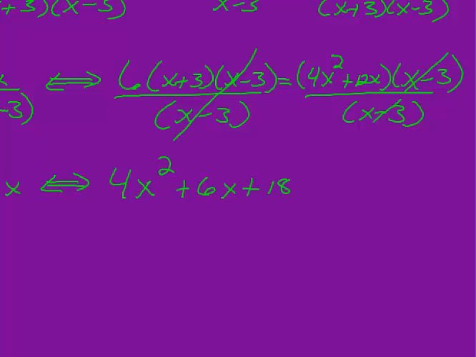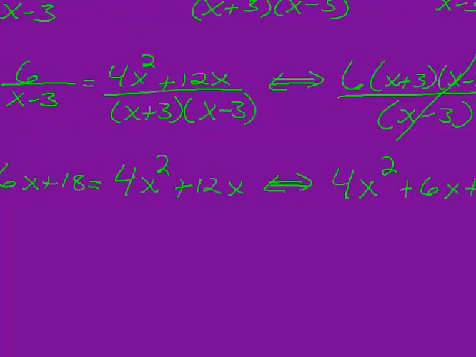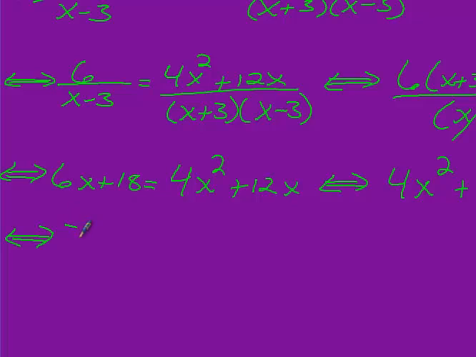All right, is there anything I can factor out of these three? I can divide everything by 2, right? And that's going to leave me with 2x squared plus 3x plus 9 equals 0.